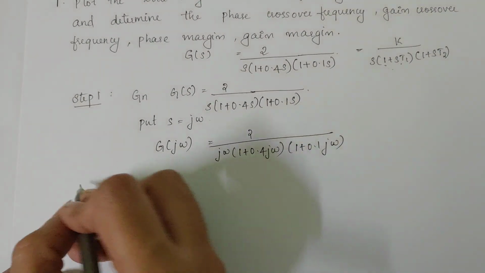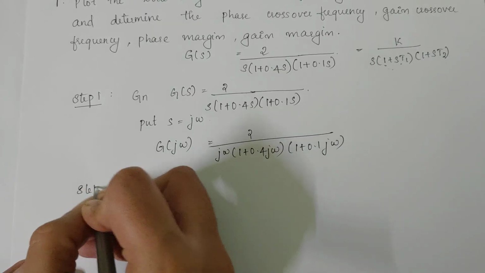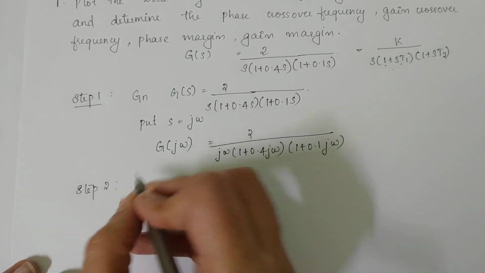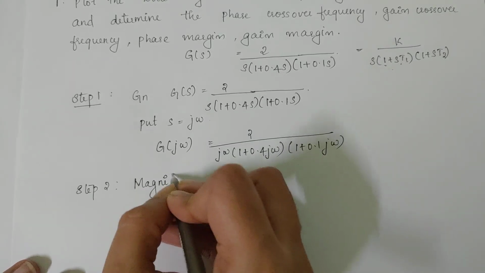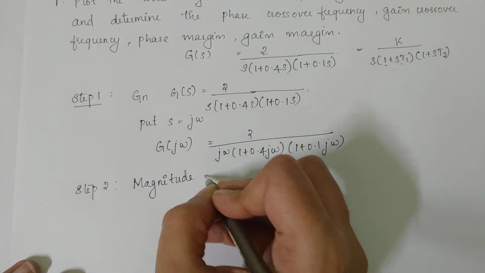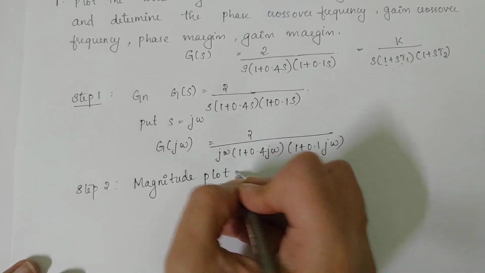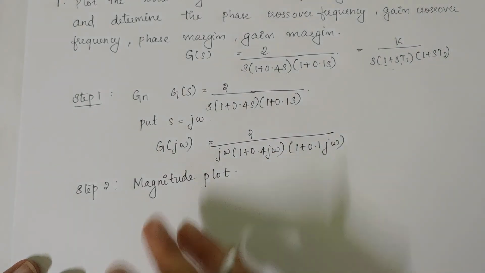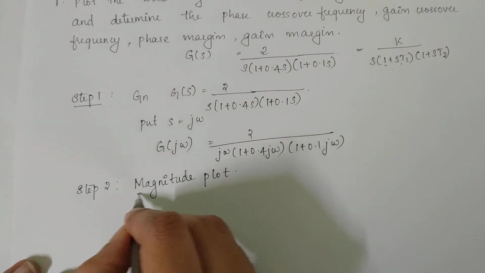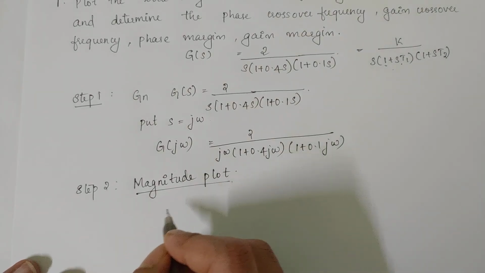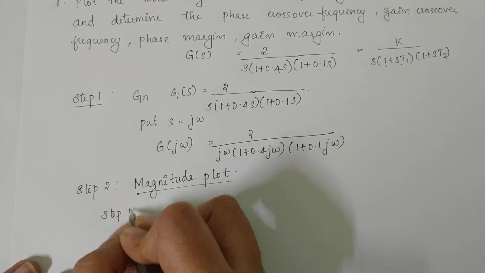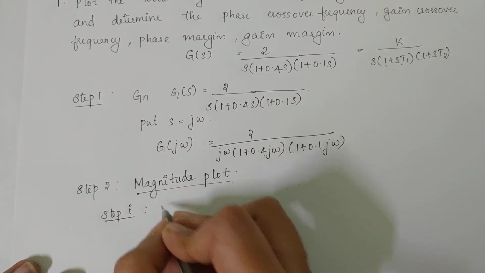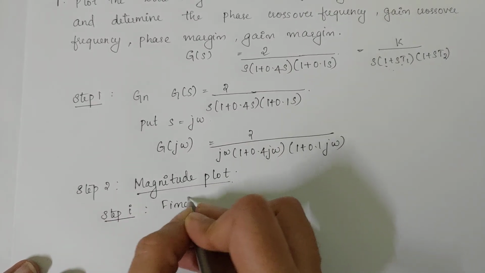Then step 2 is the magnitude plot. Okay, magnitude plot, it has some subdivisions. So in the magnitude plot, first step is to find the corner frequencies.